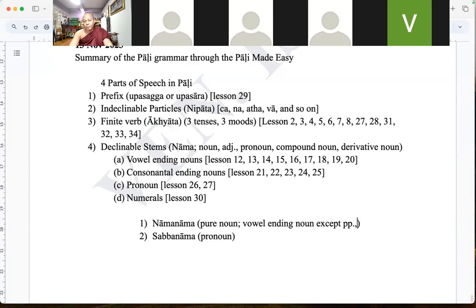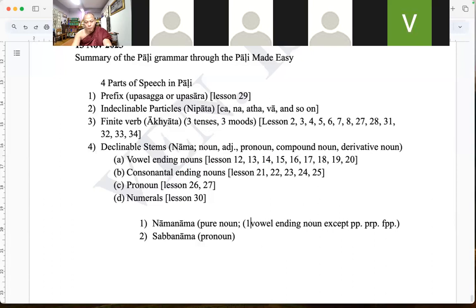Okay. And then, so present participle. And then future passive participle. So those are ending. And then the other, so consonant ending, one group.